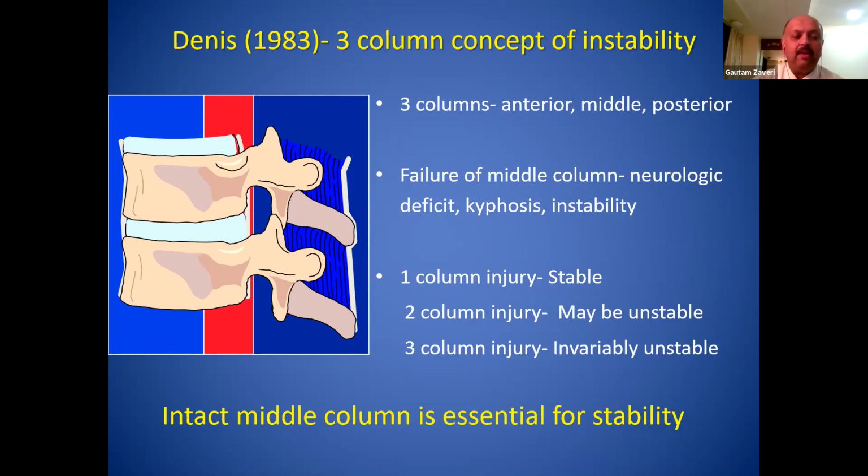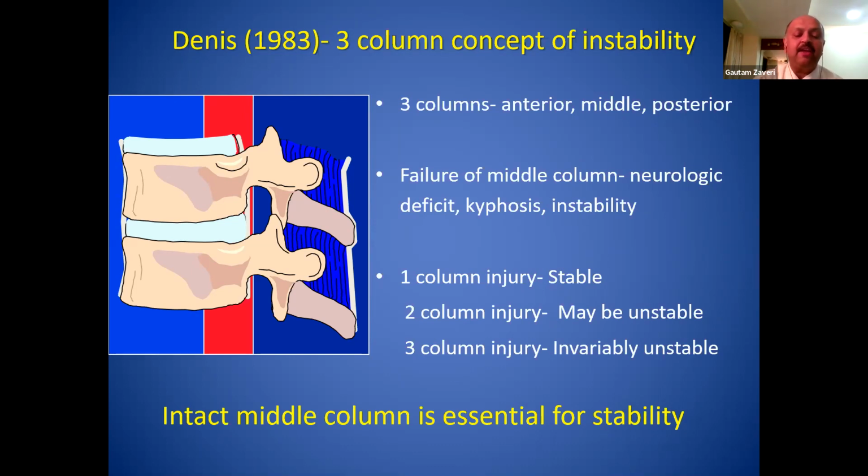According to him, the middle column was the crux, the essence of stability. Because if the middle column fractured, the posterior wall of the vertebra fractured, then it resulted in retropulsion of bone, which caused neurologic deficit. If the posterior wall was fractured, there was a collapse of the vertebra into kyphosis, and therefore it was the middle column which was resulting in all these problems.